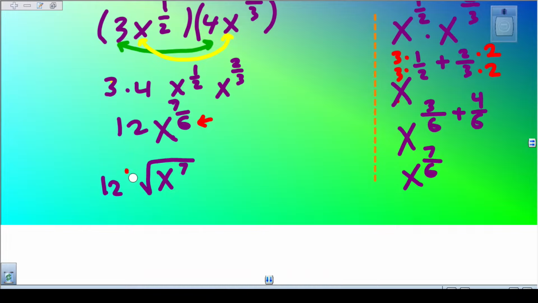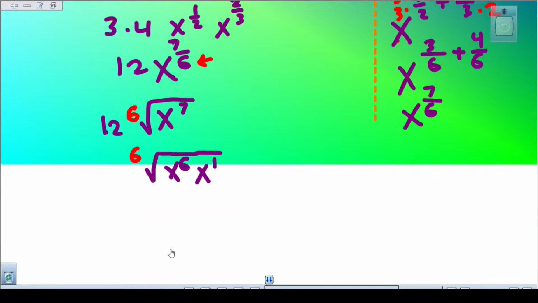So now if I have this setup, how do I simplify that? Well, you're looking for something that is multiplied by itself 6 times. The same thing by itself 6 times. So that would be, in my case, the x to the 6 times another x to the 1st. And again, this is the 6th root of that.